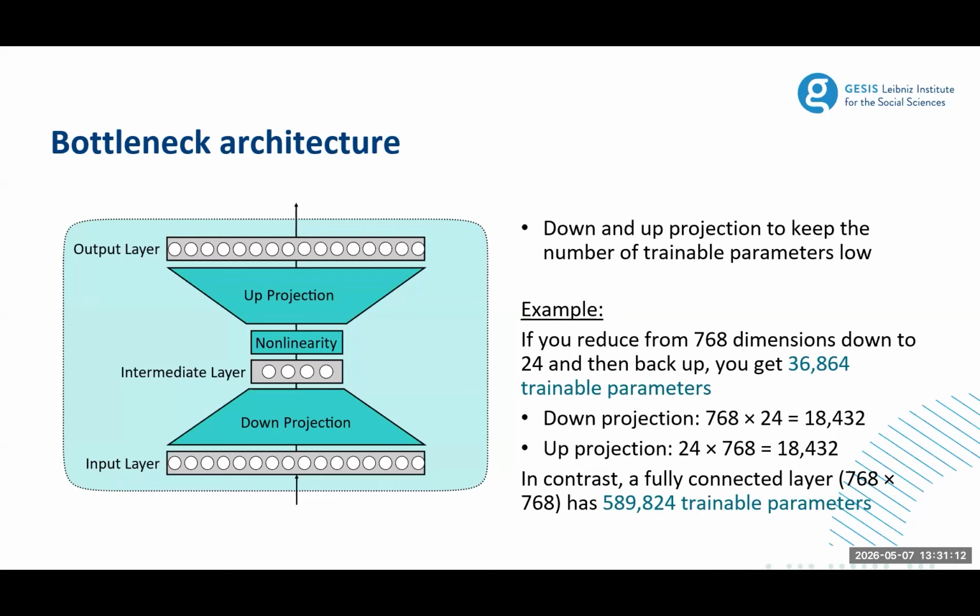And if we compare this to a matrix that would be full here, that means that we would have 768 times 768 parameters, right? If we would not create a bottleneck here, then we would have almost 600,000 trainable parameters. So this is the basic idea of an adapter.